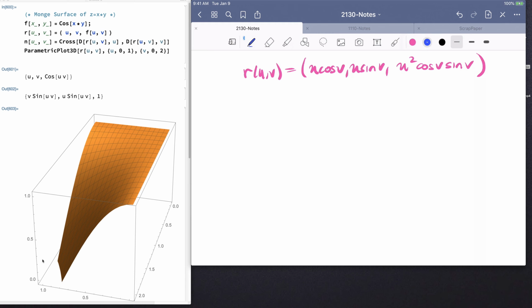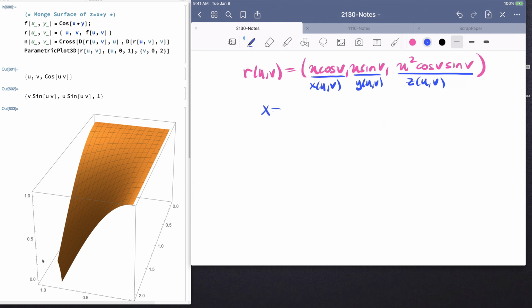Okay, so what we're seeing here is that we're seeing three entries. Okay, and we're seeing that the first entry is supposed to be x as a function of uv, y is a function of uv, and z is a function of uv.